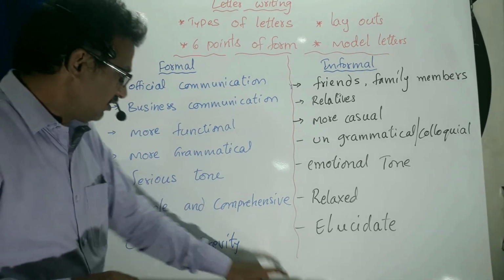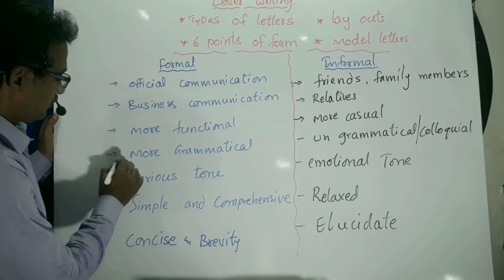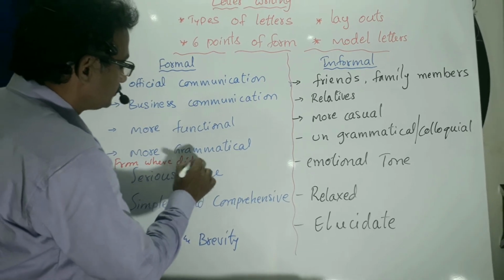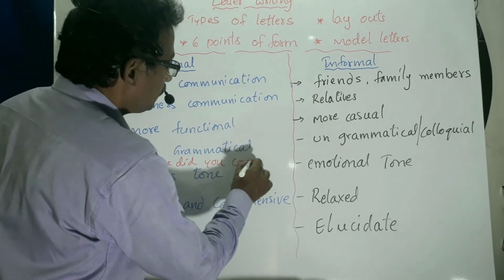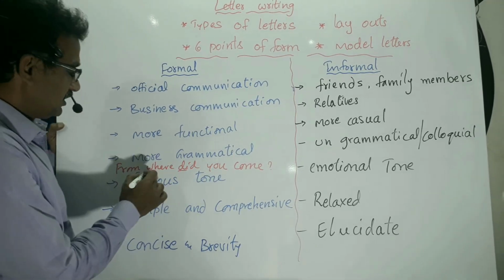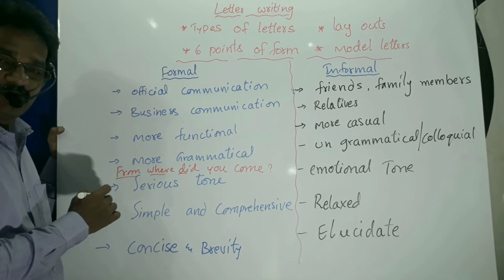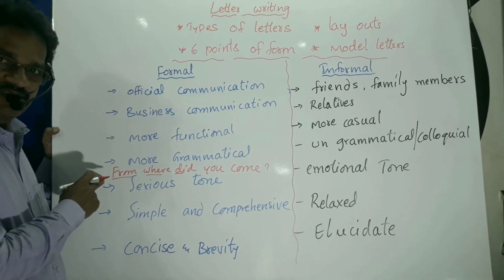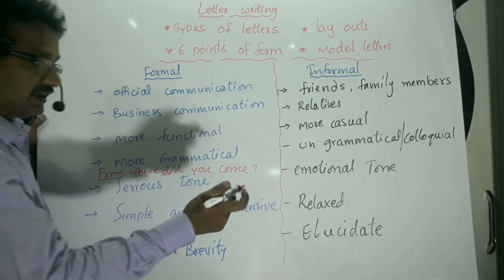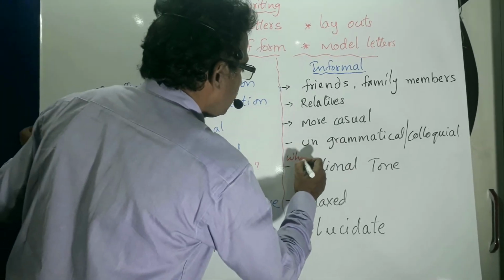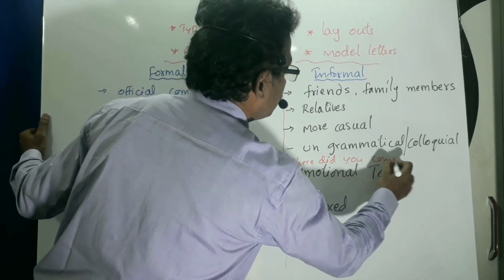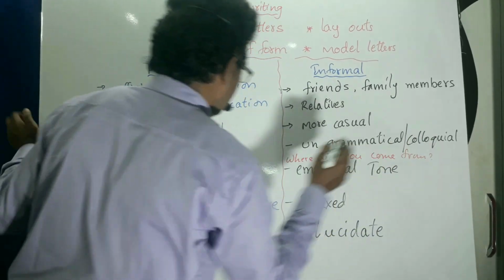For example, when you start a letter: where did you come from? Observe here, it is a question started with a helping verb and a WH word. You can start with a preposition in an official letter, whereas ending with a preposition is possible in informal writing. That is, where did you come from may be possible.